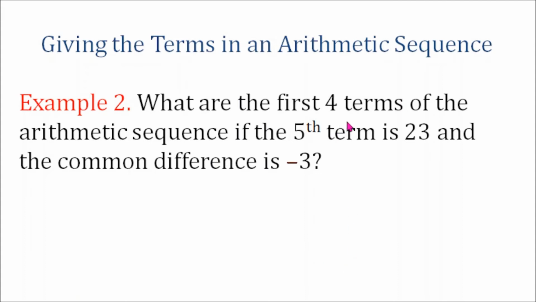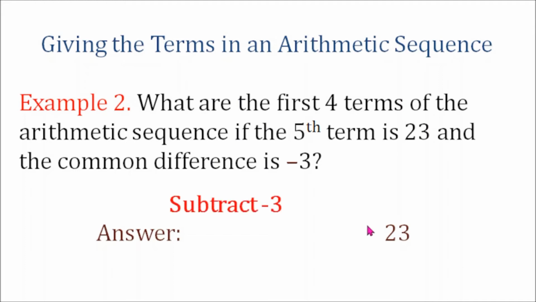Now, example number 2. What are the first 4 terms of the arithmetic sequence if the 5th term is 23 and the common difference is negative 3? So here, 23 is the 5th term, and we are going to find the first 4 terms. So meaning to say, we are going to move to the left. So since the common difference is negative 3, we are going to subtract negative 3.